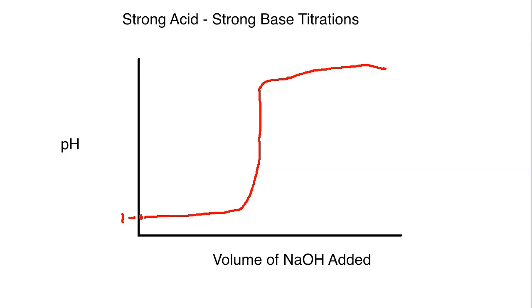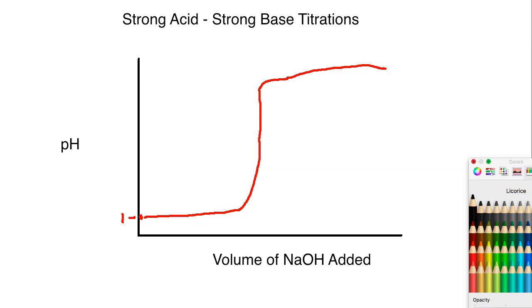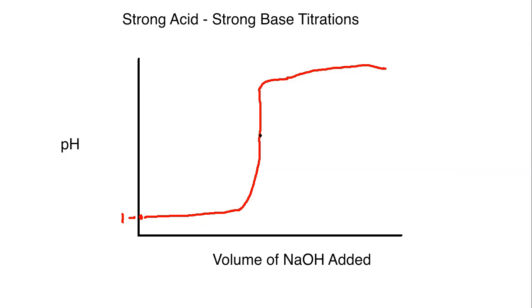And this would be a strong acid, strong base situation. Now, the equivalence point, which is also known as the inflection point, is going to be right in the middle of this jump here. And if you go over and look on your pH scale, if you were to actually do this in an experiment and graph it, you would see that the pH is going to be right around 7.